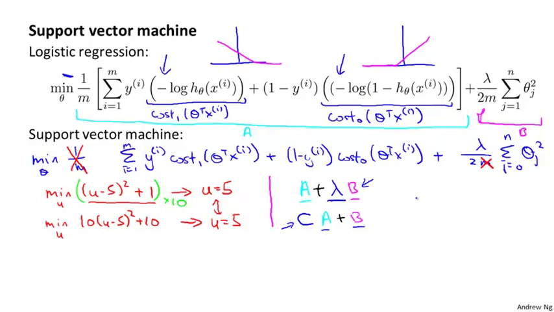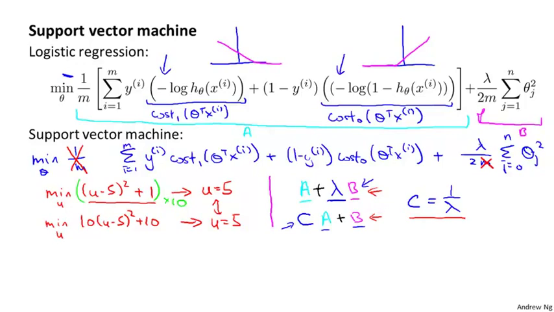You can think of C as playing a role similar to 1 over lambda. It's not that the two expressions are equal if C equals 1 over lambda, but rather that the two optimization objectives should give you the same optimal value for theta.